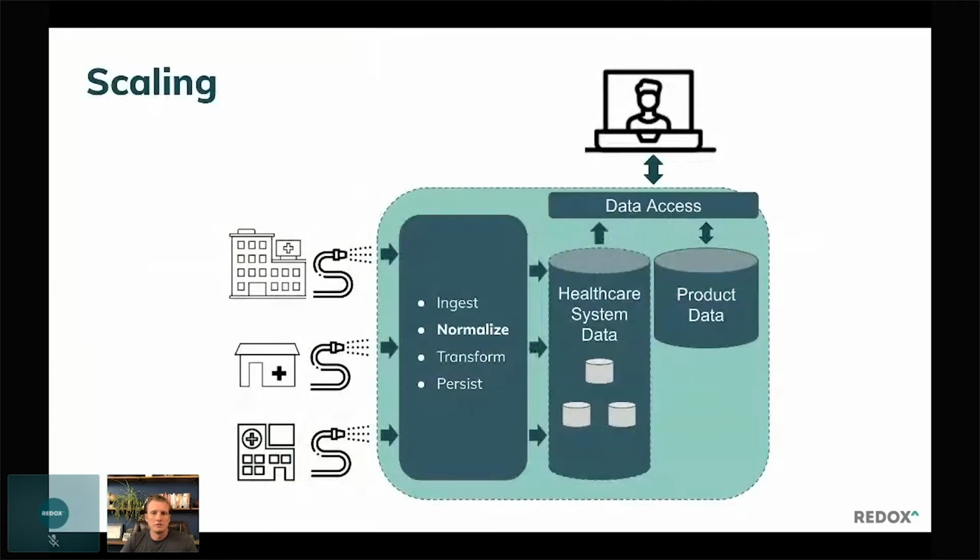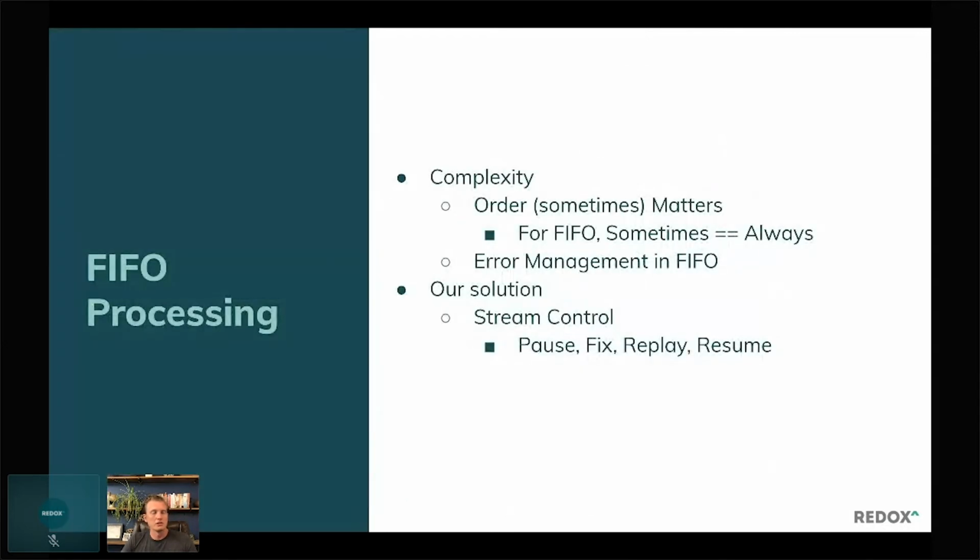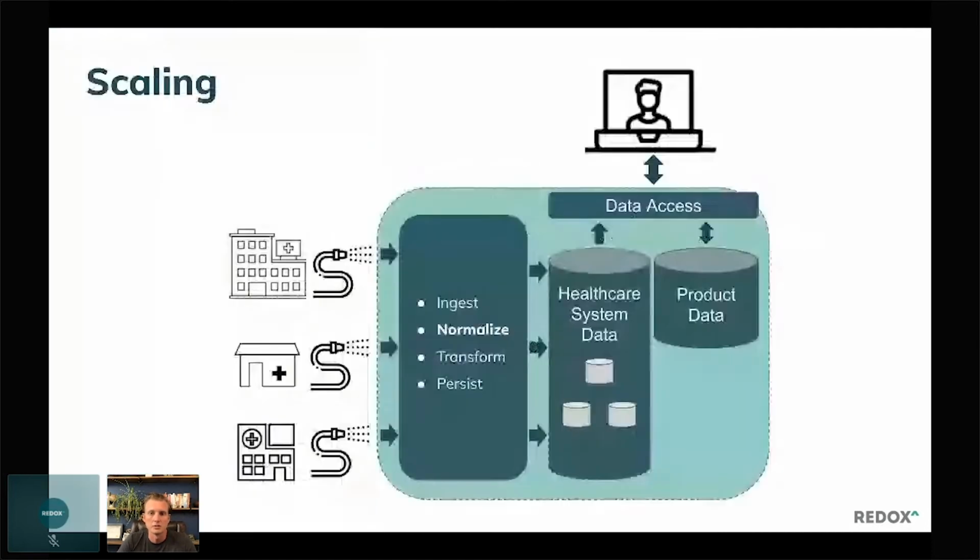Okay, so that was just a few of the complexities that we went through for integrating with a single health system. And then we decided, okay, now that we've solved this problem of ingesting, processing, and storing data for integrating with a single health system, how do we scale that to tens, hundreds, potentially thousands of health systems?